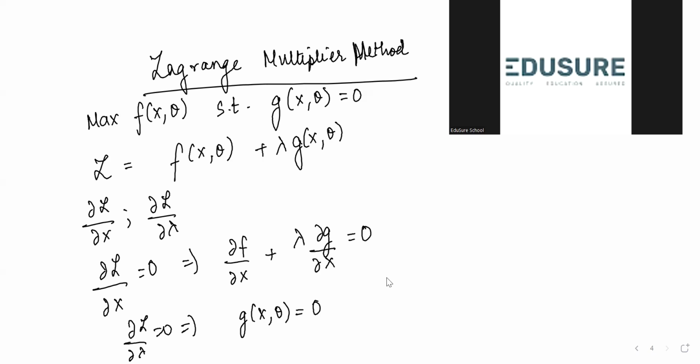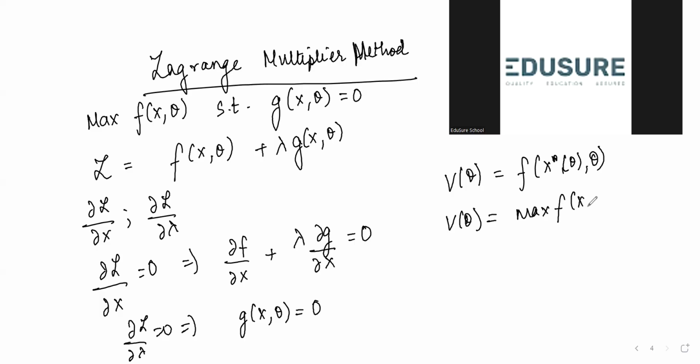Now, to understand how the derivative of the value function relates to the Lagrange multiplier, let's differentiate the value function with respect to theta. Okay. So the value function that we saw earlier was basically f(x star). Okay. So it's nothing but maximizing my f subject to the constraint. Okay.